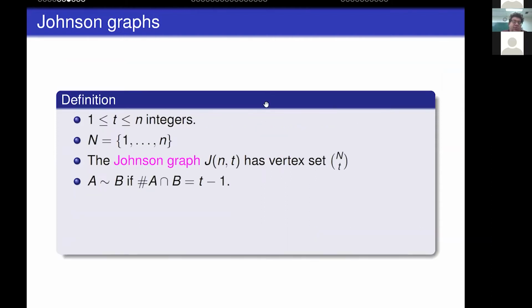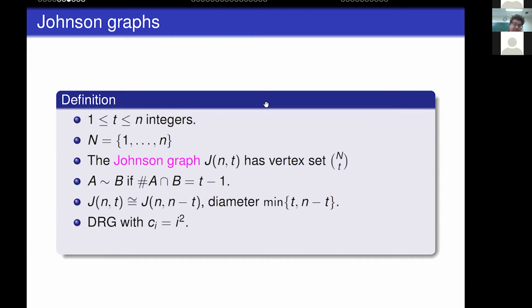So now we also introduce another closely related family of graphs. We take a set N of cardinality n, and the Johnson graph J(n,t) has as vertex set the set of t-subsets of the set N. And two of those t-subsets are adjacent if the cardinality of the intersection is equal to t minus 1.